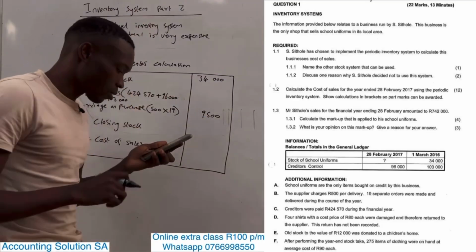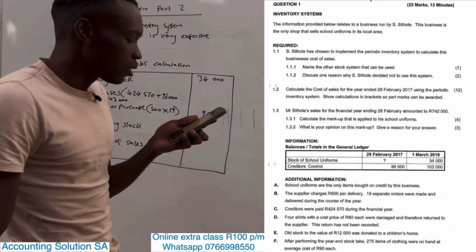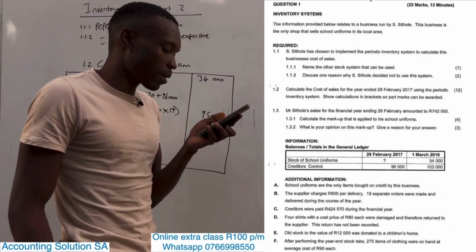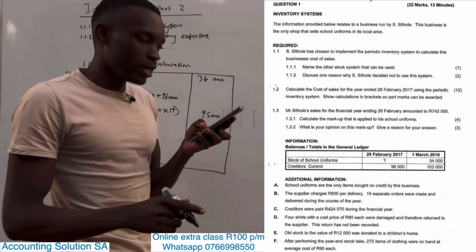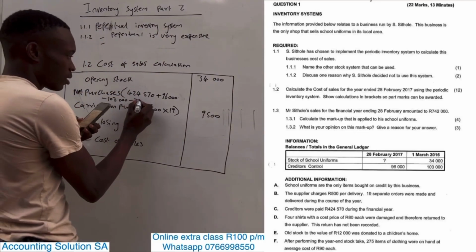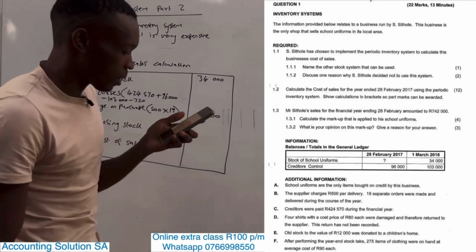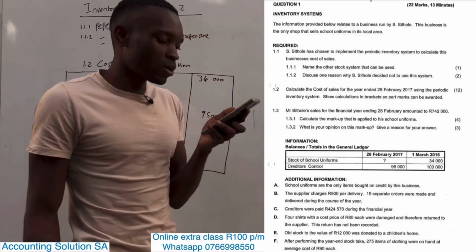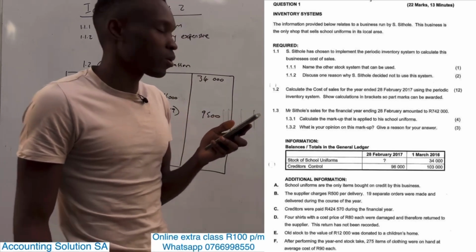Okay, now 4 shirts with the cost price of 80 Rand each were damaged and therefore returned to supplier. 4 multiplied by 80 is going to give us 320, minus 320 that has been returned to supplier. Okay, and they said stock value of 12,000 was donated to Children's Home.